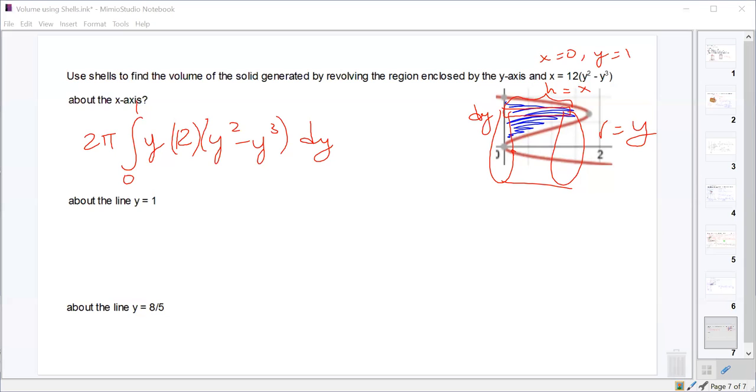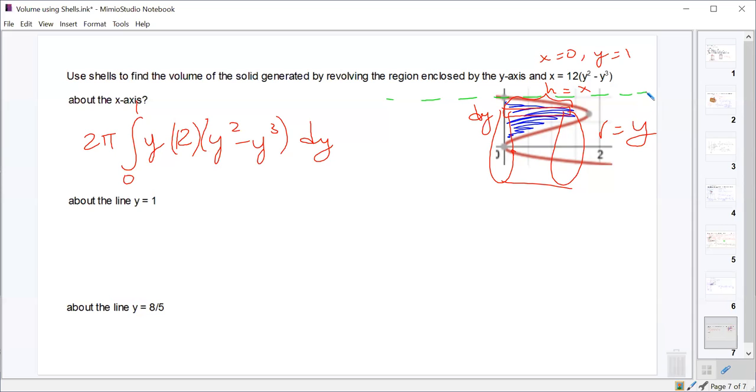What if we wanted to go around the line y equals 1? Would that affect the thickness? No, it'd still be dy. Would it affect the 2 pi? Would it affect the integral from 0 to 1? Would it affect our radius? Yes, our radius would be different.